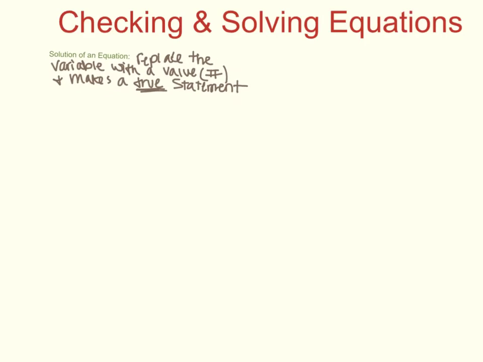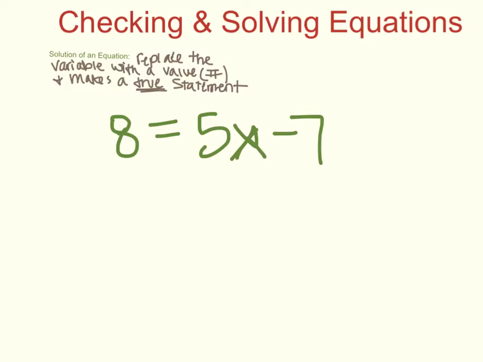Here we go. My first example for you would be 8 equals 5x minus 7. Now, obviously, this is an open sentence, so we're going to figure out if some numbers work for it. So you're basically just guessing and checking or using mental math, and sometimes you'll be asked to actually see what options are there.